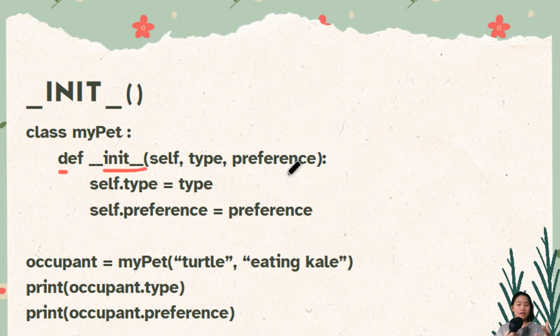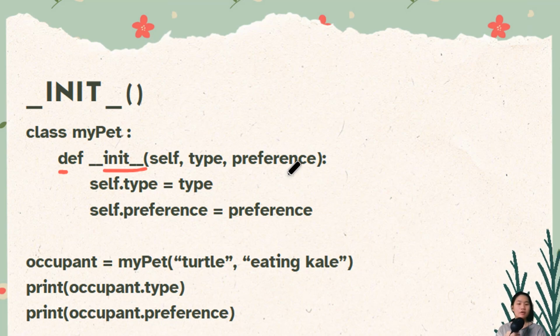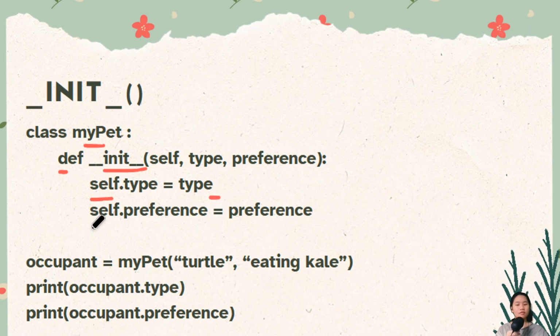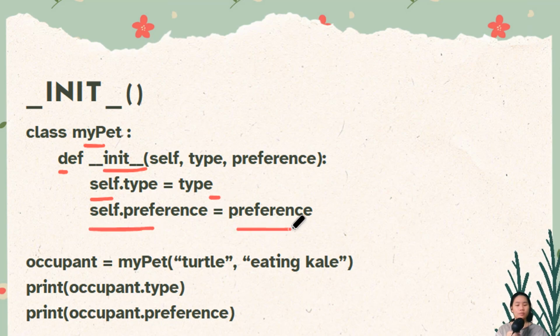And then init, I have self, type, and preference. Now, self is not a property name, it's not a property value. It is referencing my pet, okay? So self, meaning the object itself, dot type equals type, self dot preference equals preference.